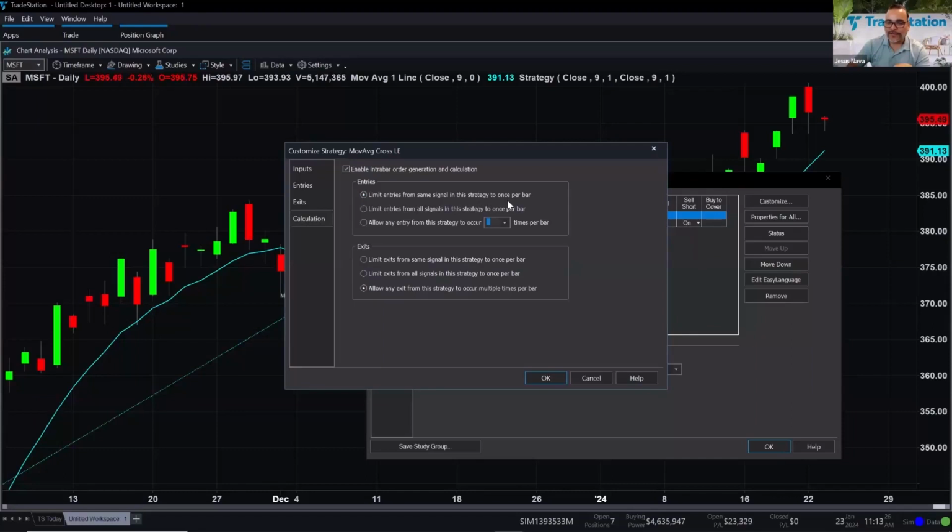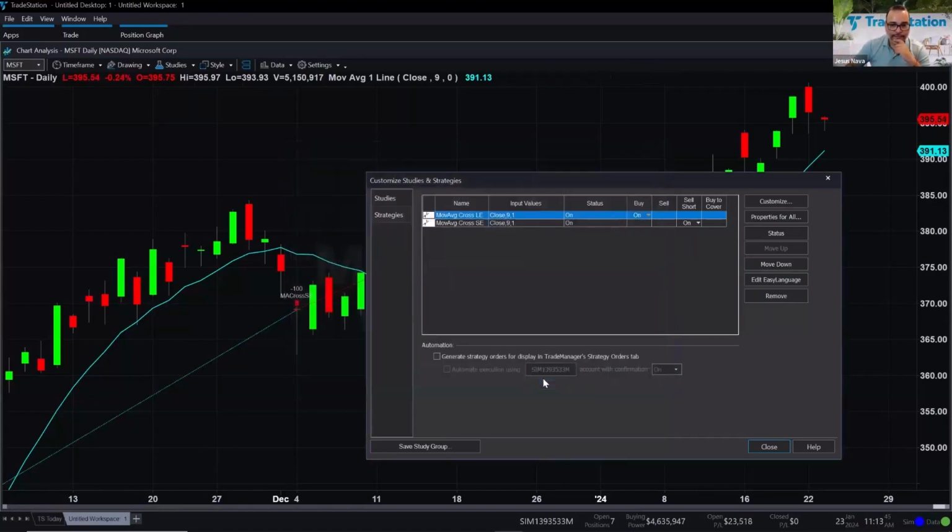And the default one is the middle one, which is limit entries from all signals in this strategy to once per bar. And the exit, of course, in this case, does not apply because this is a strategy designed to enter. If it was a strategy designed to exit, then the exit bullet points here would apply.